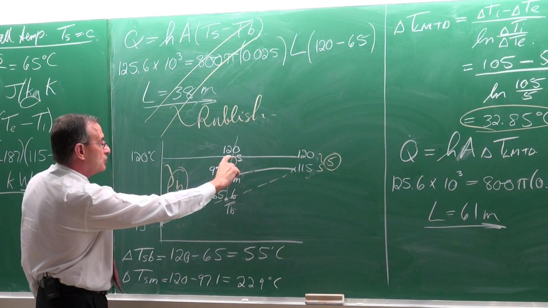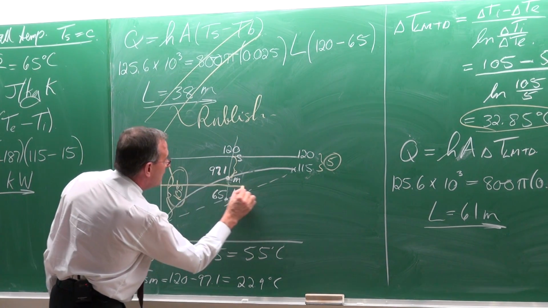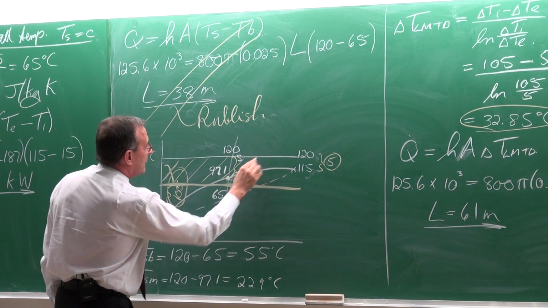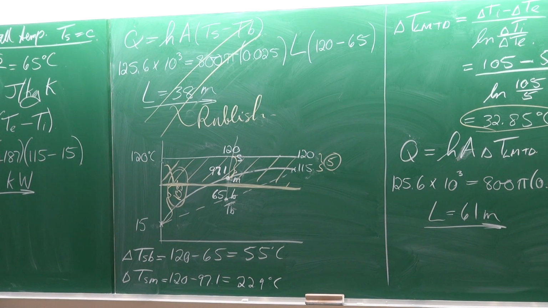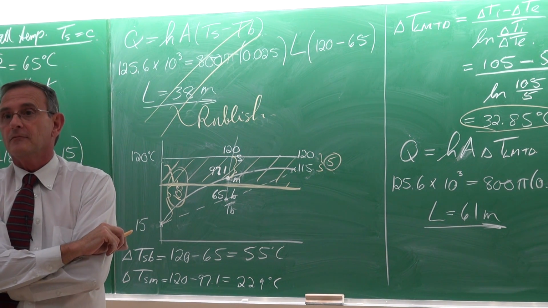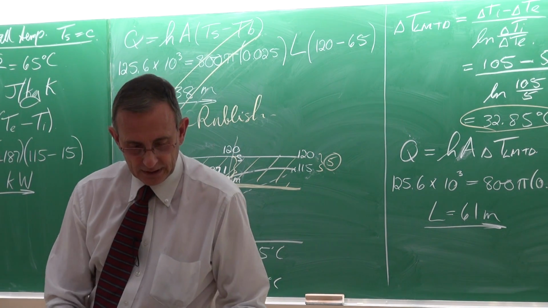So if that is equal to 22, then 32 is going to be somewhere there, and therefore typically if you've done the integration, that would really be the true delta T between the wall and the steam. Do you follow, ladies and gentlemen? Okay.